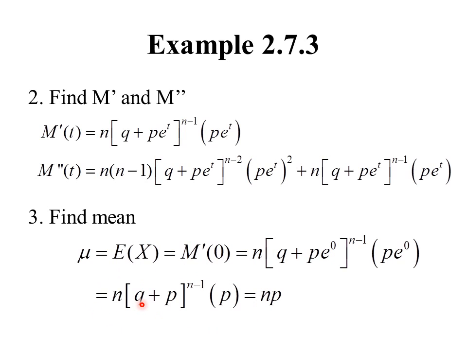And then I remember that q is 1 minus p, which means that p plus q is equal to 1. And so this is np. So there we got a nice simple formula for the expected value of x in terms of the parameters n and p. So remember, in a binomial distribution, x was the number of successes. So this gives us our expected number of successes, simply n times p.